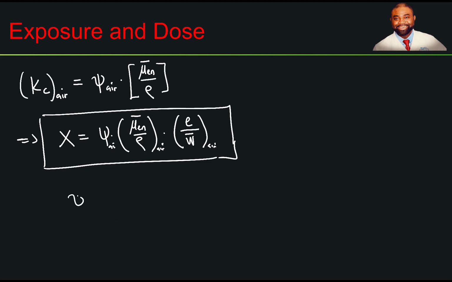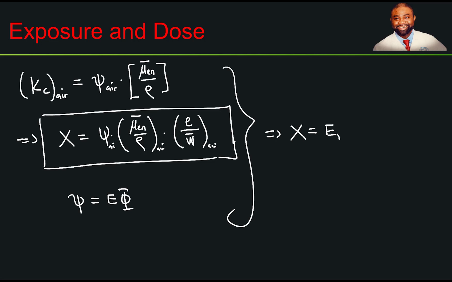But what do we know? We know that the energy fluence is equal to E multiplied by the particle fluence. So this would imply that exposure can be defined as the energy of a given particle multiplied by the total number of particles per unit cross-sectional area, multiplied by the average mass absorption coefficient, multiplied by the number of ion pairs created per joule of energy deposited in air.